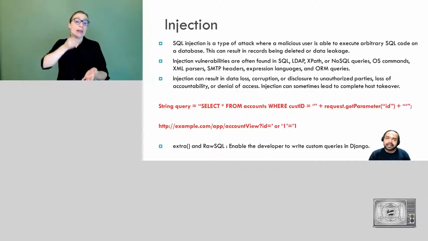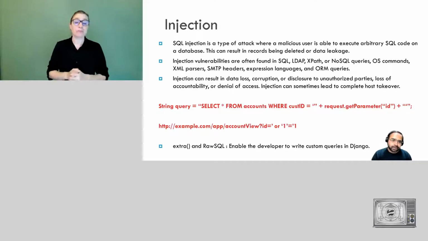So injection can result in data loss, corruption, or even the disclosure of information to unauthorized parties, loss of accountability or even denial of access. It can also sometimes lead to complete host takeover because of data leakage.